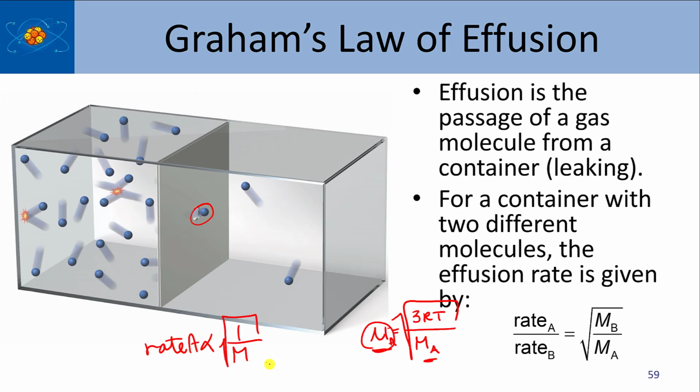So rate of A is proportional to 1 over the square root of the molar mass of A. You can come up with this equation, provided that the proportionality constant between those two variables, rate and molar mass, is the same. And it turns out when they do these experiments, they set them up so they would be the same. So how would we use this information in a problem?